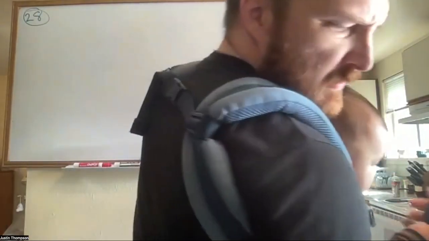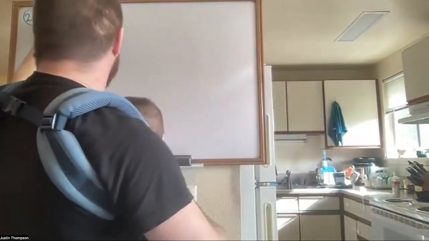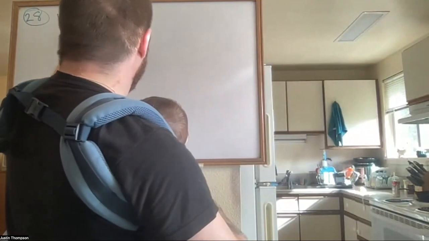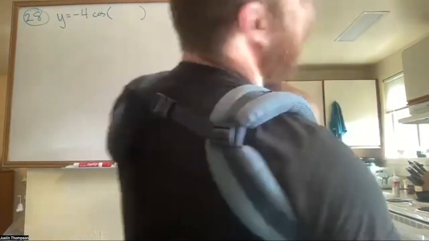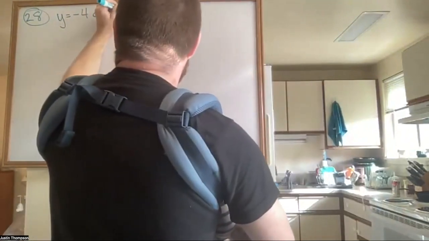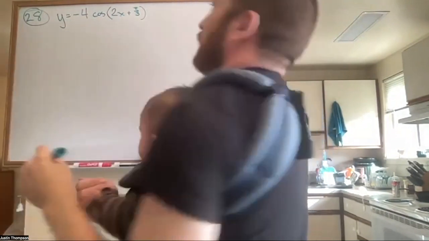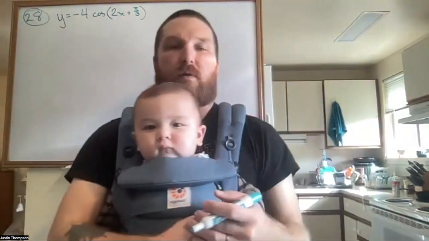So the equation here they've given is y equals -4 cosine of 2x plus pi over 3. Okay. So here's what I suggest.